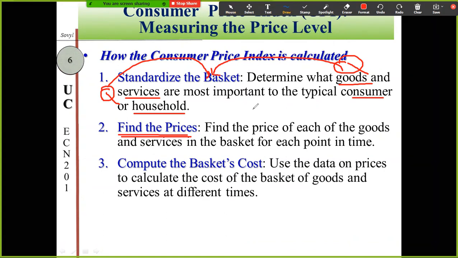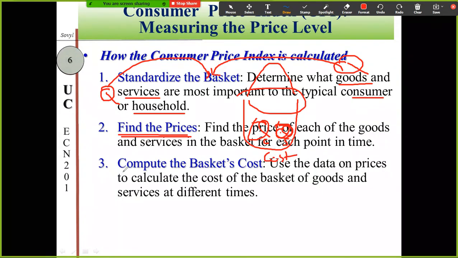Okay, so again, in this basket, you buy goods inside, you buy services inside. So you need to know how much you pay for goods and how much you pay for services. If you add them together, this is the basket cost.